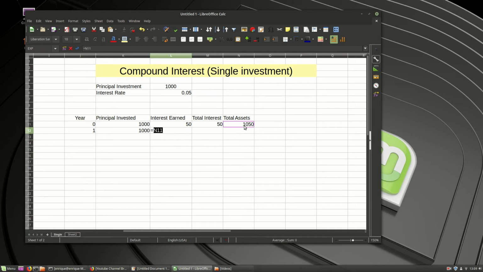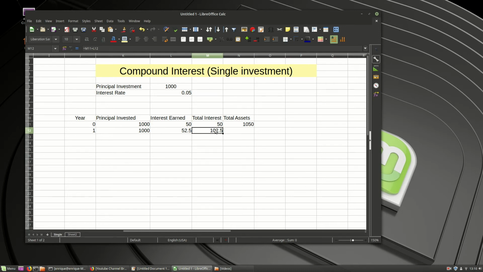So that would be that 1050 times the interest rate. So $L$6. Right? So then, of course, the total interest earned is going to be equal to this 50 plus what we earned this time around.